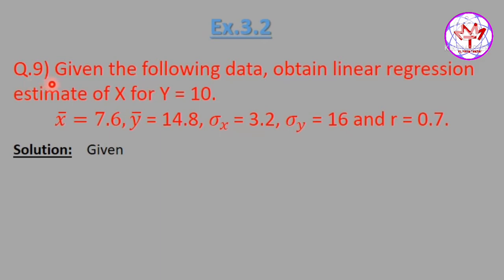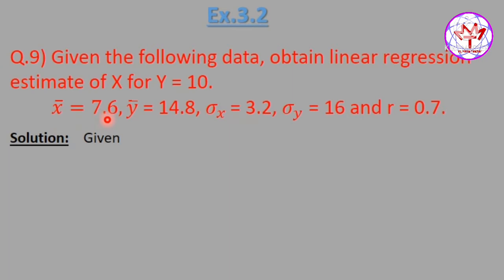Question number 9 is, given the following data, obtain linear regression estimate of x for y is equal to 10. X bar is equal to 7.6, y bar is 14.8, sigma x is 3.2, sigma y is equal to 16 and r is equal to 0.7. Now let us first write what is given.